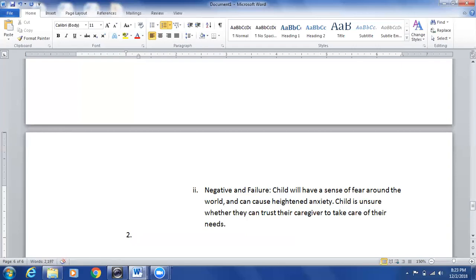So the second one is autonomy versus shame, which is we're looking at 1 to 3 years old here. And what does this actually look like?